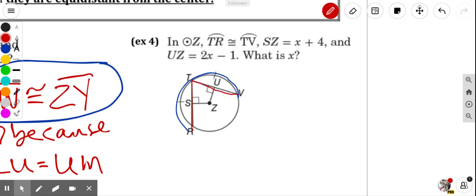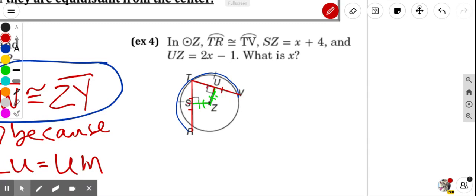So TR and TV would be the same, which would then lead us to conclude that SZ, we just learned this, and ZU are congruent. So these are equal and the chords are equal. It's kind of hard to mark that. The chords are congruent here.